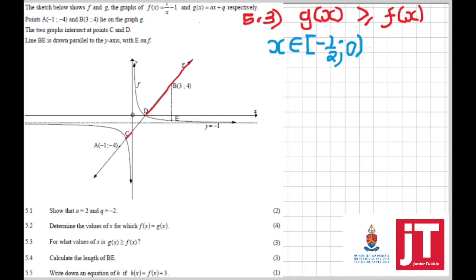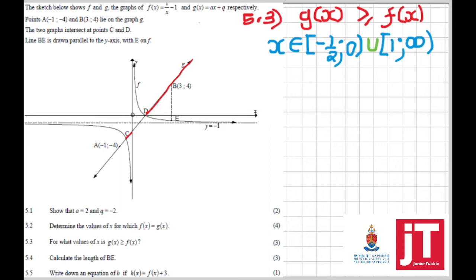That negative half we got from the previous question, where we got our two values at the points of intersection to be negative half, and the other one was positive 1 for D. The second part would be from that 1 up to infinity, making up the final solution for that question.